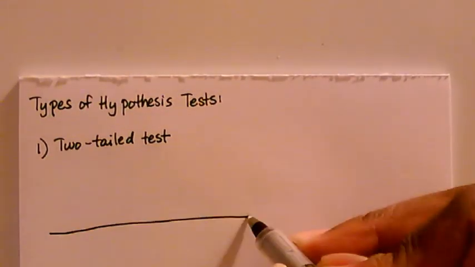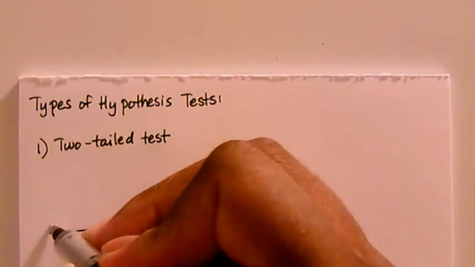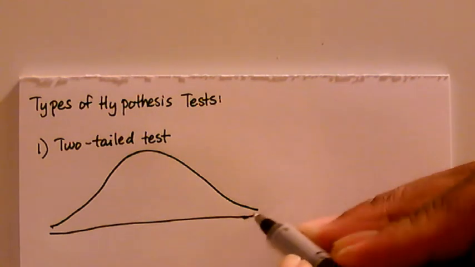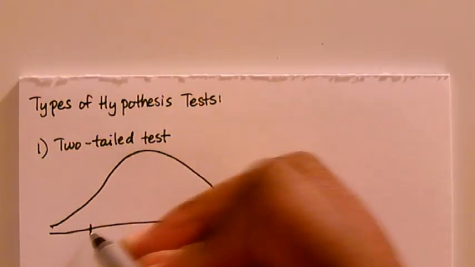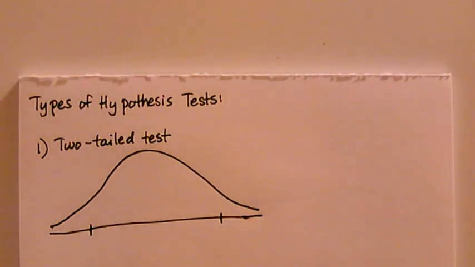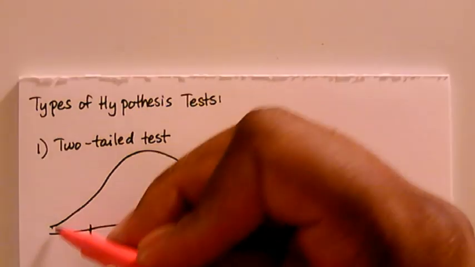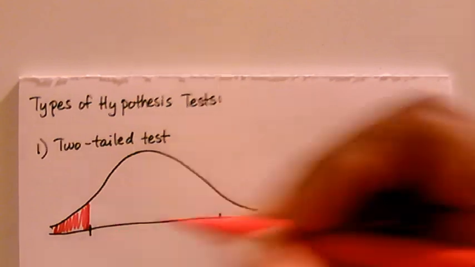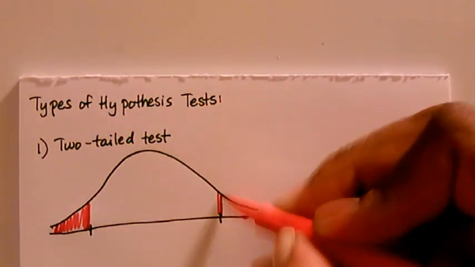In a two-tailed test, you're going to have what they call a critical region, which I'm going to shade in red. This shaded area is the critical region, and this shaded area is the critical region.